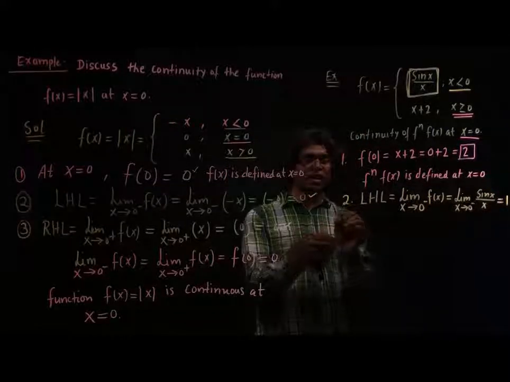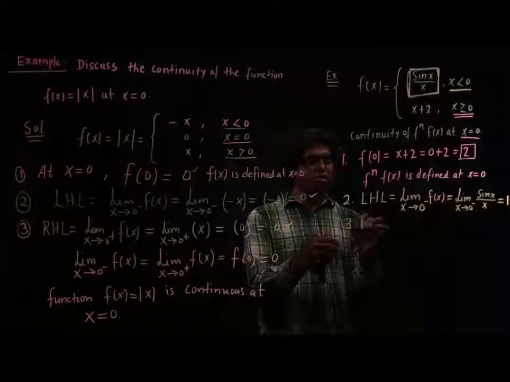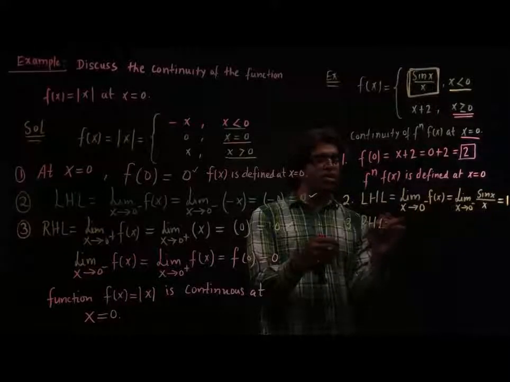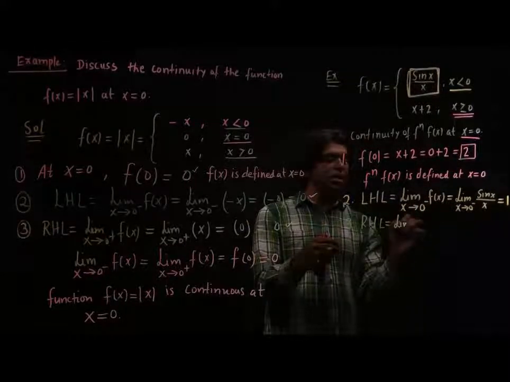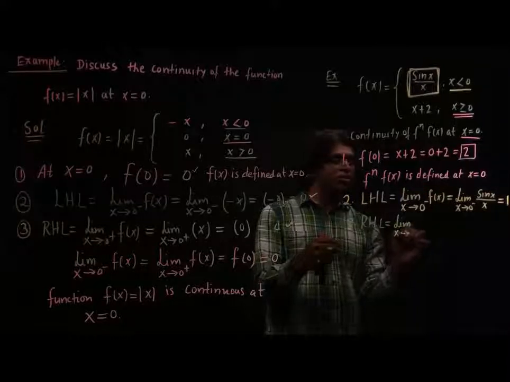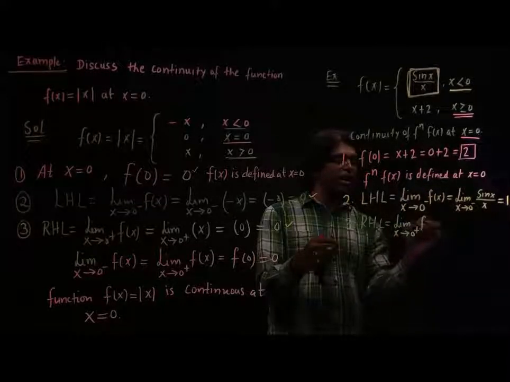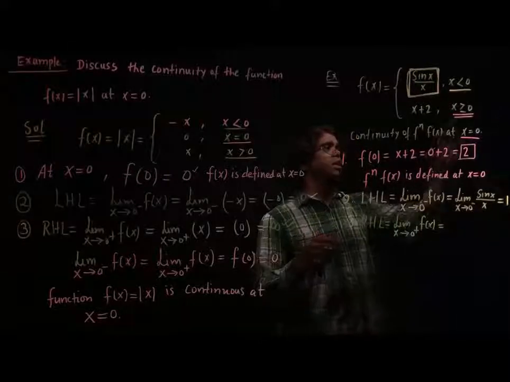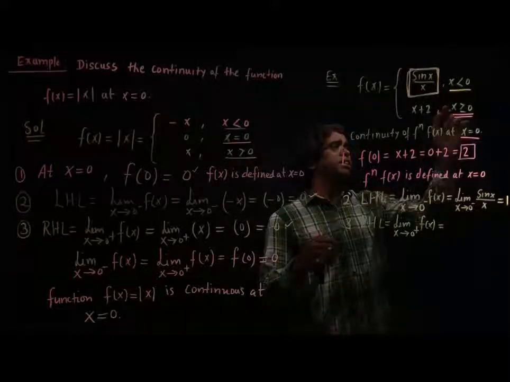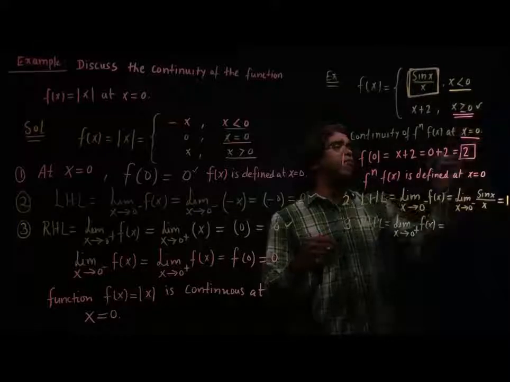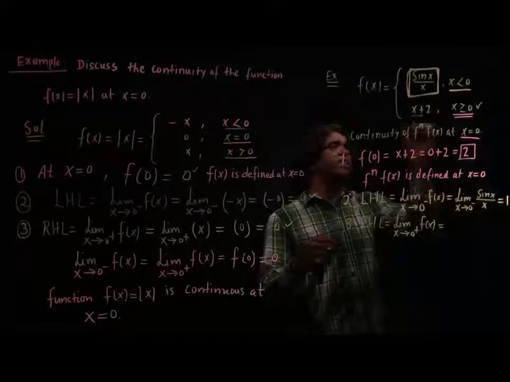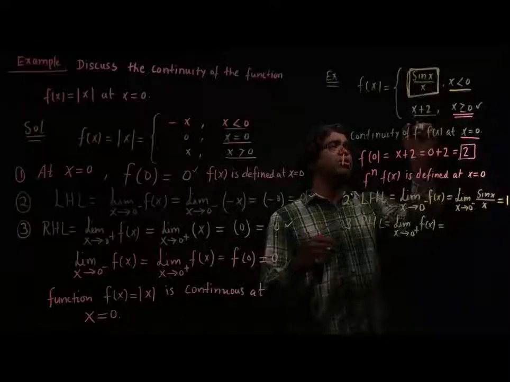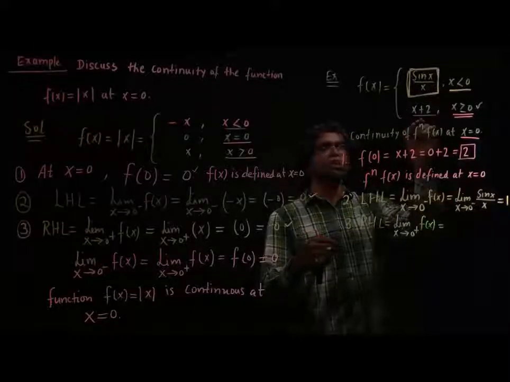Now let's find the right hand limit of the function. So my right hand limit is equal to limit x tends to 0 plus f(x), right? And that should be equal to what? Look at the function. This is the part of the function defined for the right hand limit, right? So I'm going to consider this part of the piecewise function.